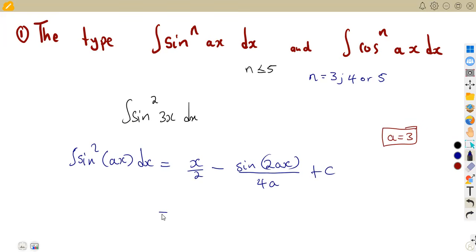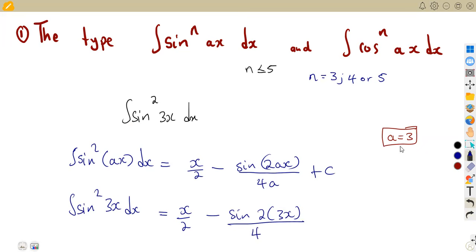So the integral of sine squared 3x with respect to x is going to give us x over 2 minus the sine of 2ax. This is 2 times ax, and remember our ax is 3x, so it's going to be 2 times 3x, everything over 4a. Remember, a here is equal to 3, so that is 4 times 3, plus the constant of integration.